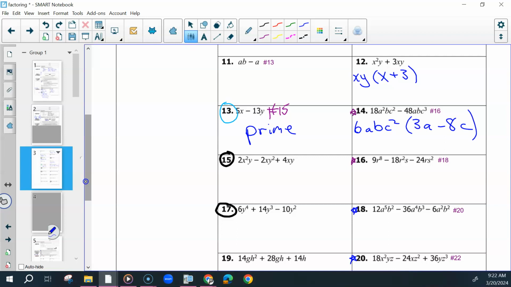Okay, let's look at 16. What's the highest number we can divide out of each of those? Three. And then, do they have any variables in common, and how many of each?